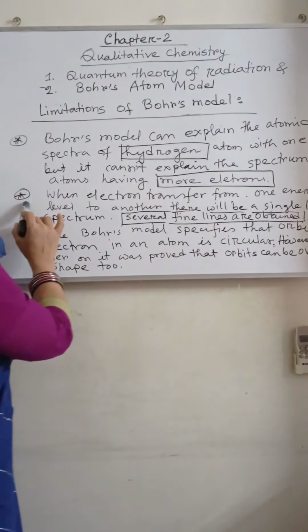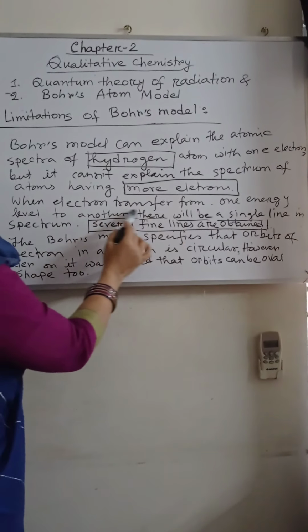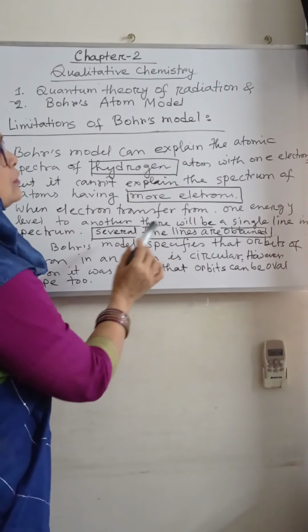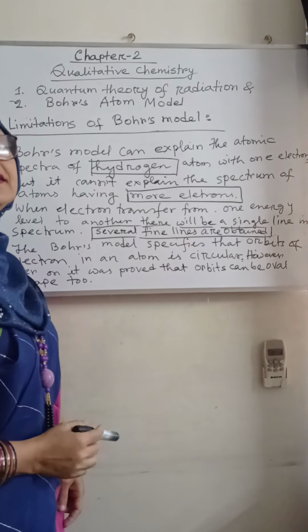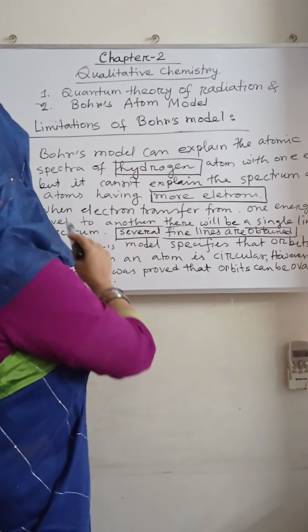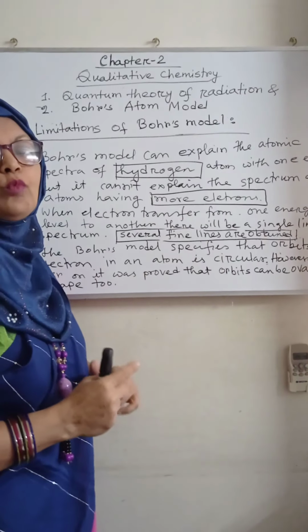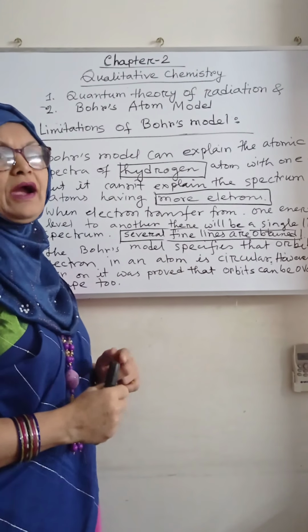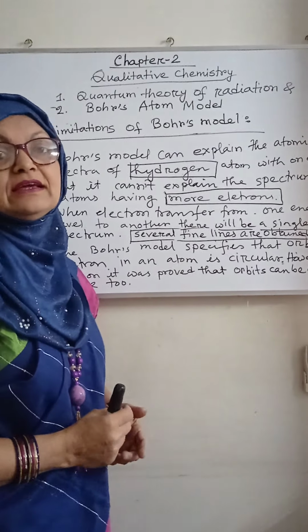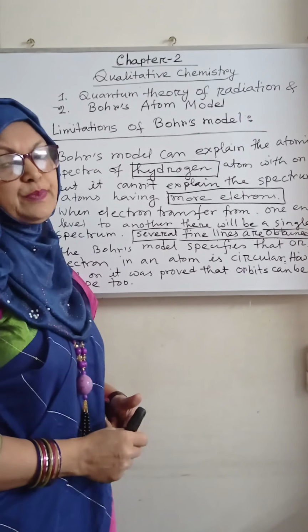And the second limitation is that when an electron transfers from one energy level to another, according to the Bohr model, there will be a single line in the spectrum.